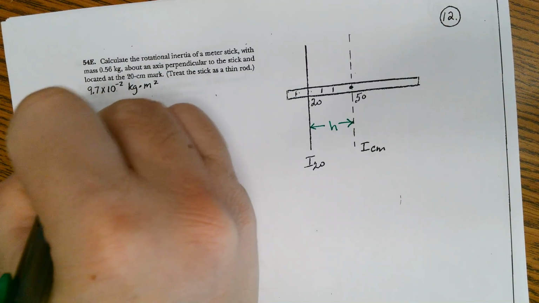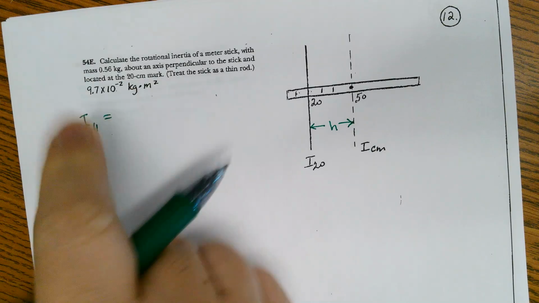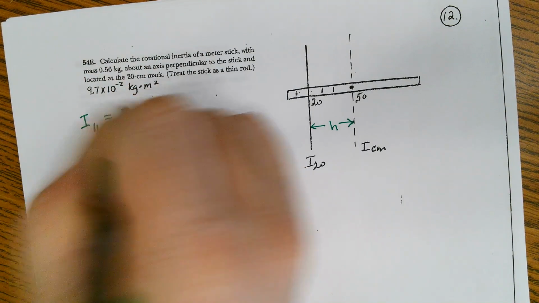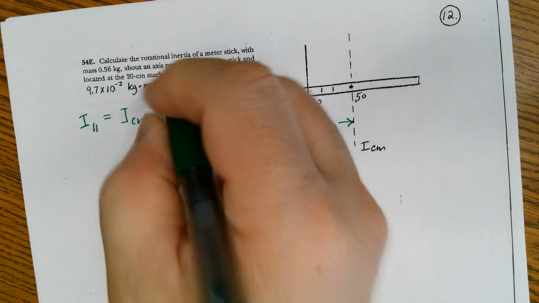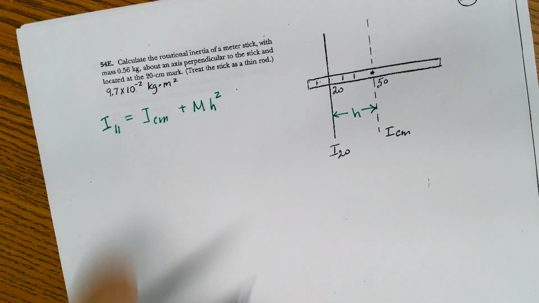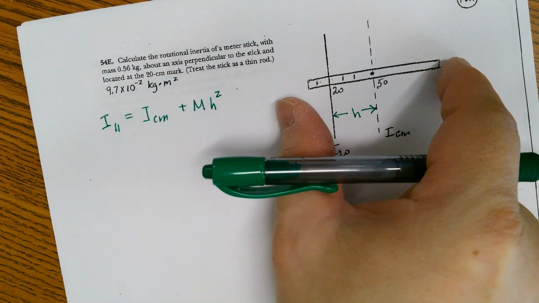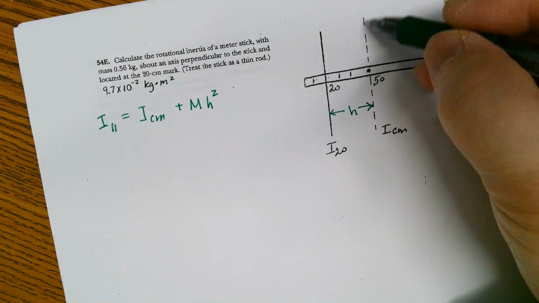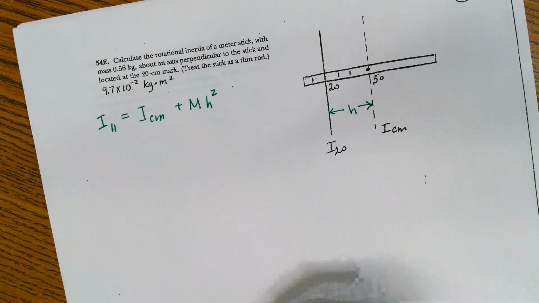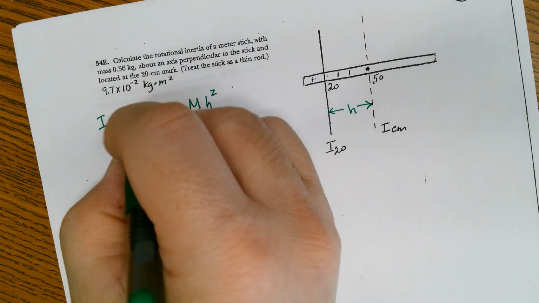h is how far the axis is away from the center of mass axis. And of course, we know the moment of inertia about a parallel axis is equal to I sub cm plus m h squared. The I sub cm for a rod rotated at the center happens to be 1/12 m l squared. That's on the last page of your notes.